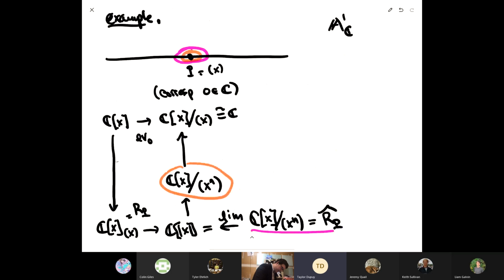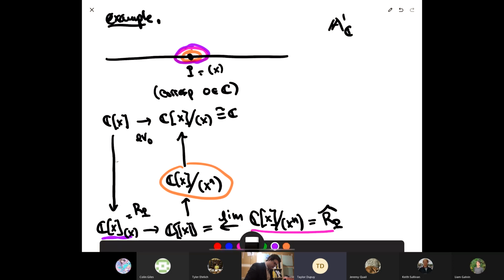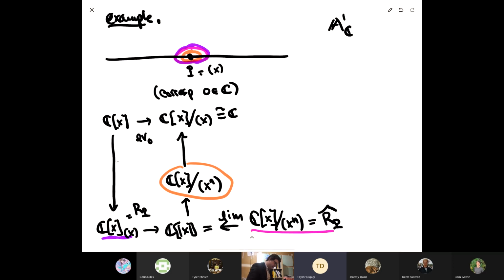And the purple thing is here as well. So I guess this isn't really a quotient, so it's not a sub-thing of this. I usually draw the purple and pink thing the same way.